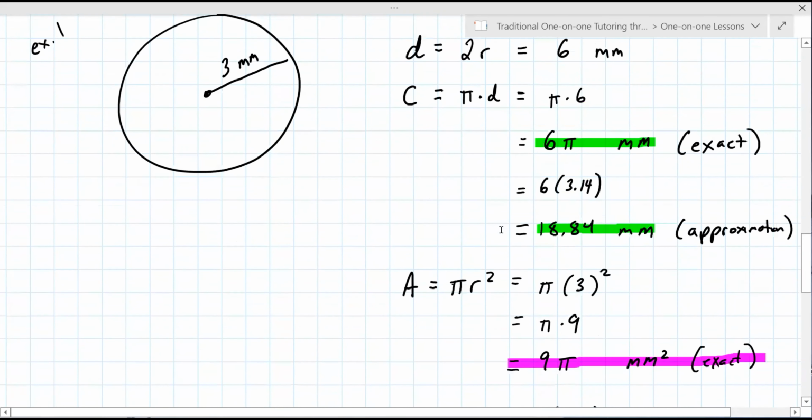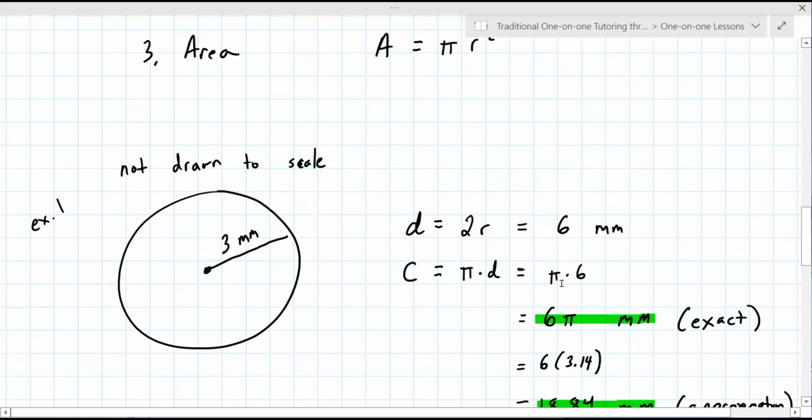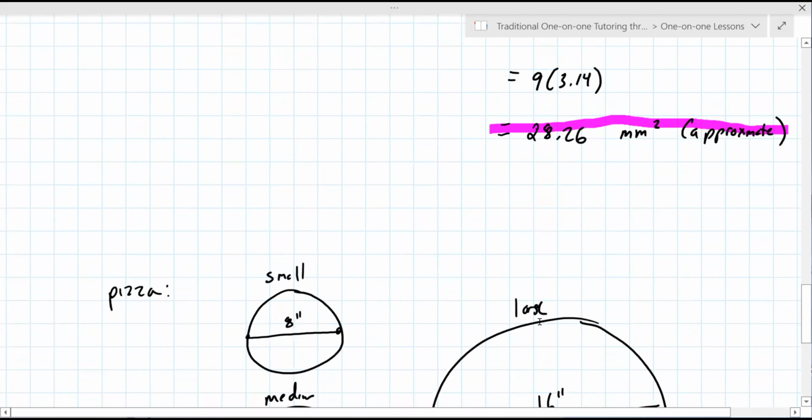So here's a previous problem. Did we end up writing the number after or before the pi? Are you seeing my screen? Yeah, we did it before the pi. Before the pi, yes. Okay.